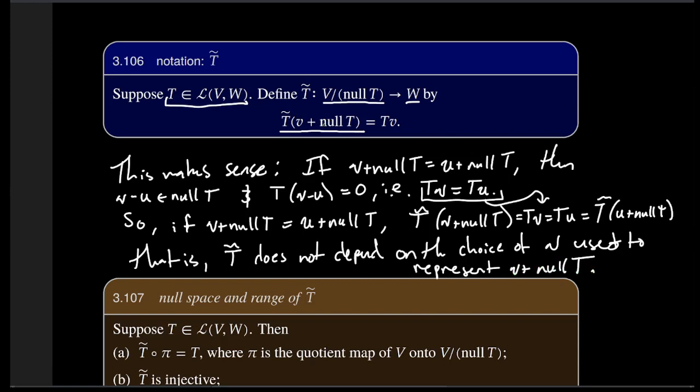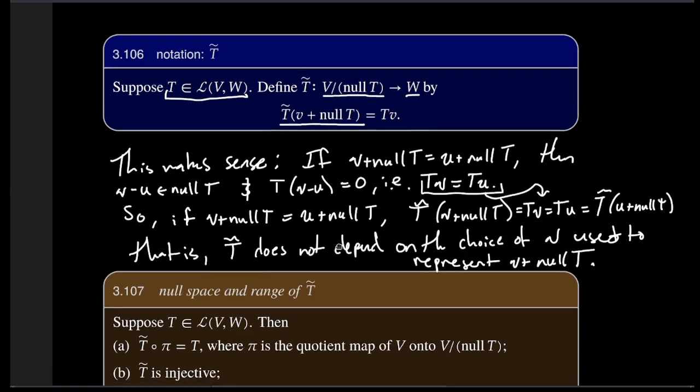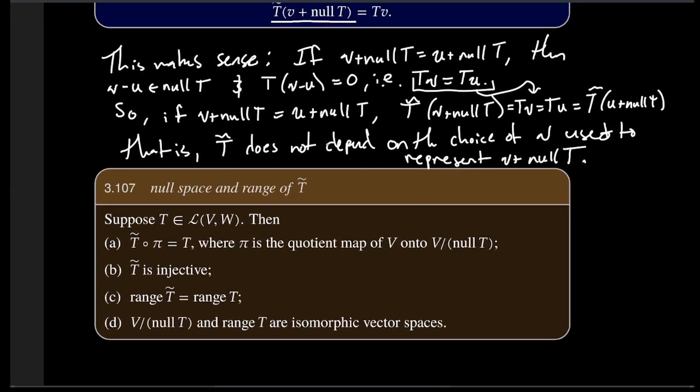So that it is a linear map is very straightforward to show. It is as nice as you want it to be. It is a good little exercise if you don't buy it, but it works out super easily.